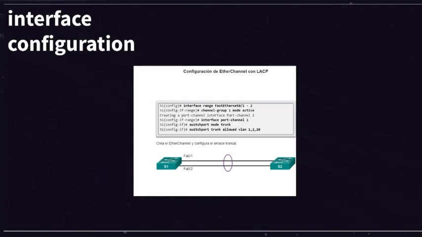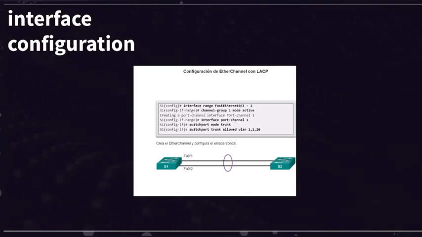VLAN matching: all interfaces in the EtherChannel group must be assigned to the same VLAN or configured as a trunk, which is also shown in the figure.